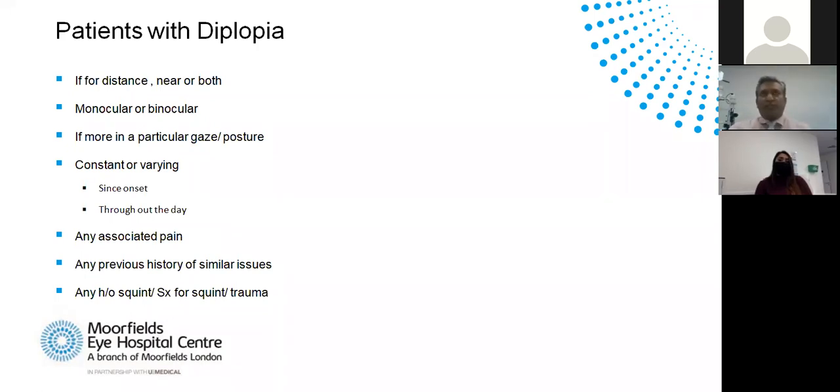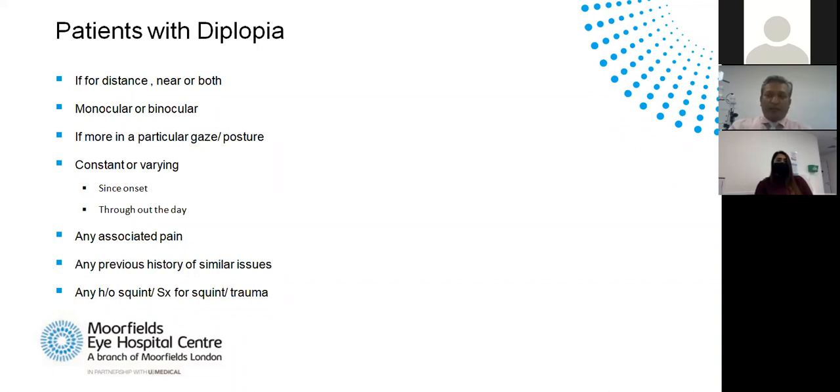If someone is seeing double with both eyes open, most likely it is due to a binocular vision issue, a coordination issue between both eyes, or squint. If it is monocular, only with one eye, then it can be due to cataract, or keratoconus patients may have monocular double vision, or this kind of condition.